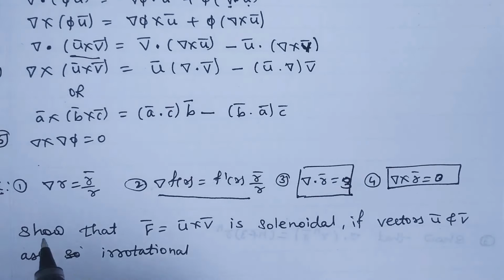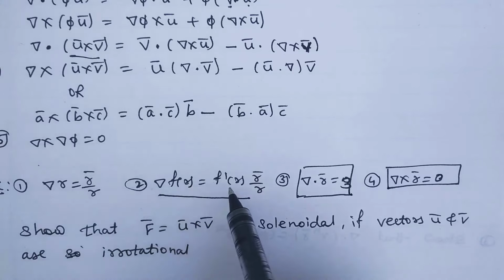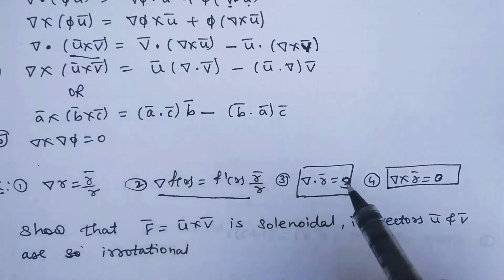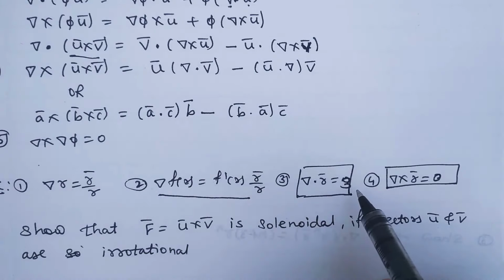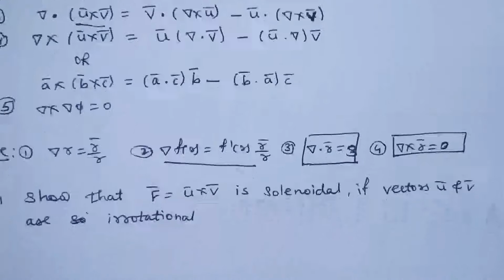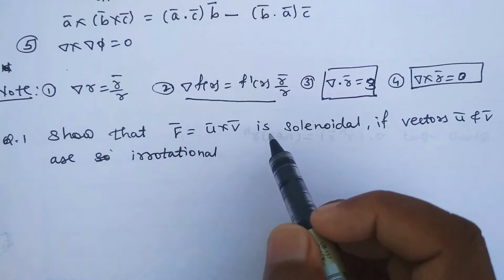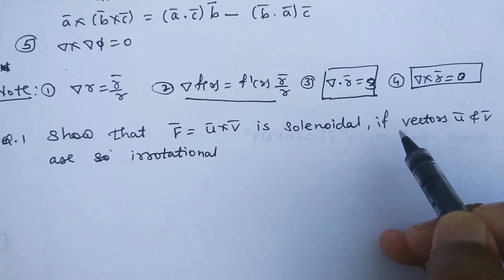So keep in mind all these four terms: del r is equal to r bar upon r, del of f of r is equal to f dash of r into r bar upon r, del dot r bar is equal to 3, and del cross r bar is equal to 0.